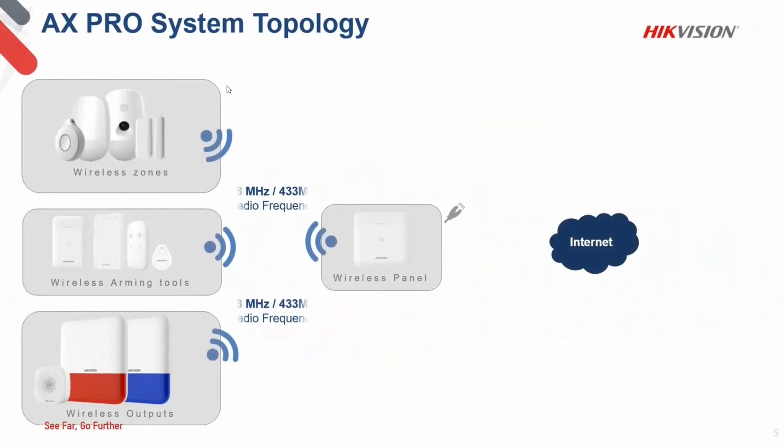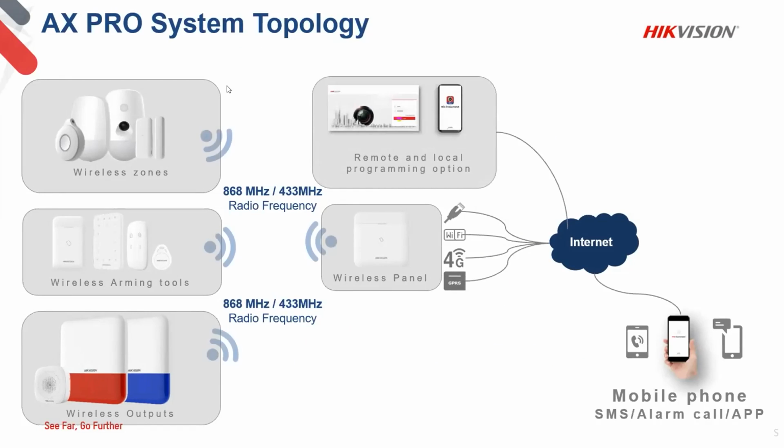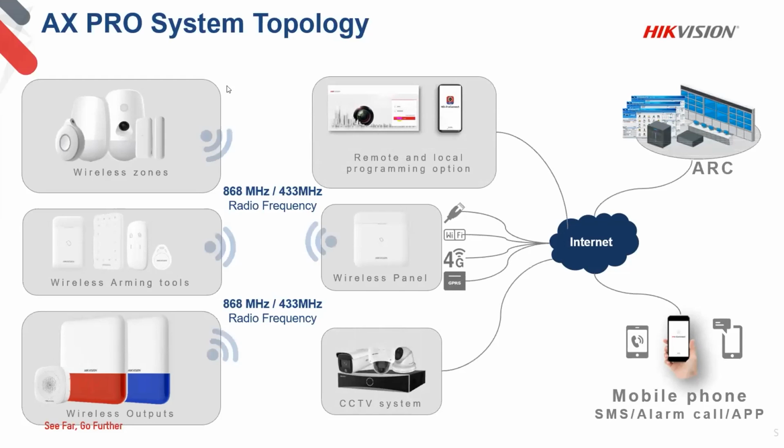Here you can see the system topology of our AX Pro series. The central panel is the wireless panel, and it has numerous connectivity options. You can connect it with LAN and with Wi-Fi. It also has a 4G module, so you can simply connect it to the internet with a SIM card.